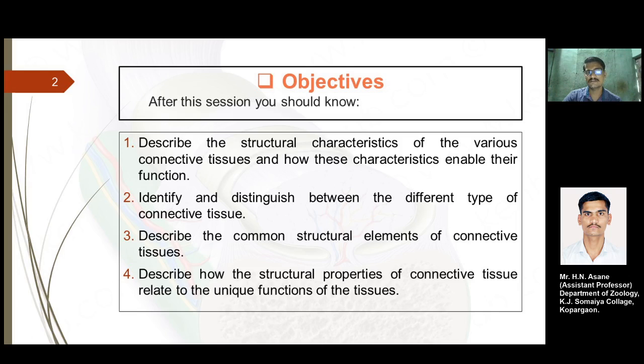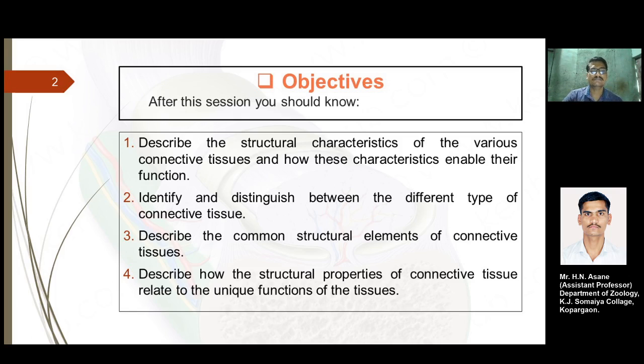These are some objectives for this session. After this session, you should know the structural characteristics of various connective tissues, how these characteristics enable their function, and what their particular role is all over the body. You should identify and distinguish between the different types of connective tissues.